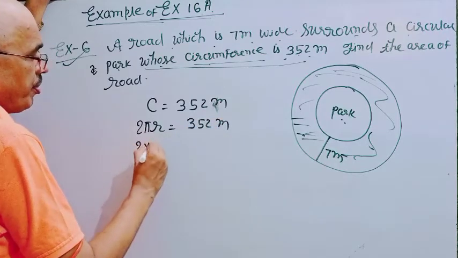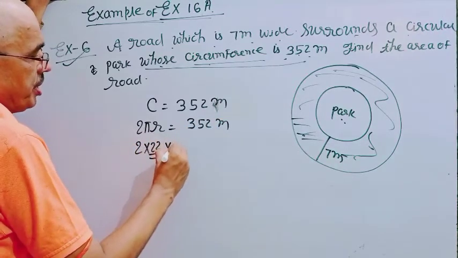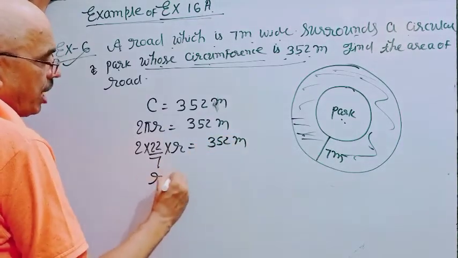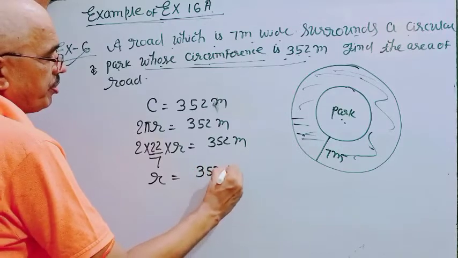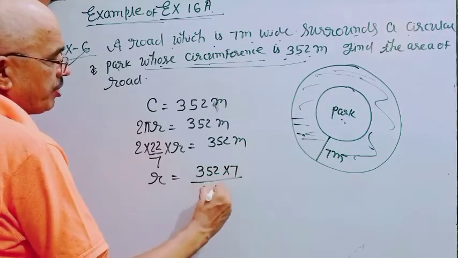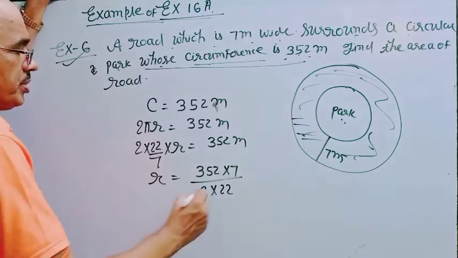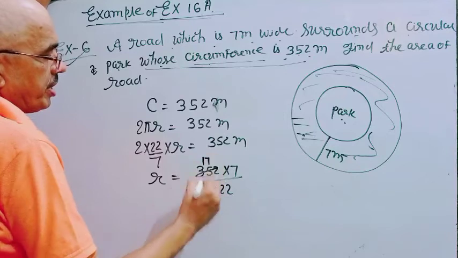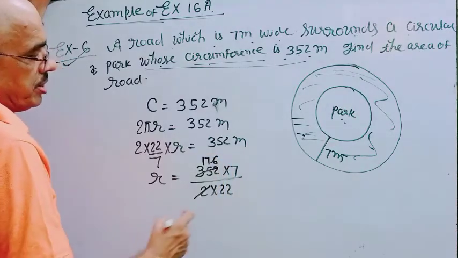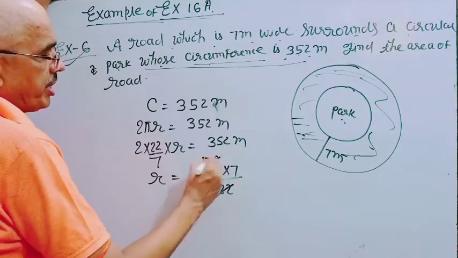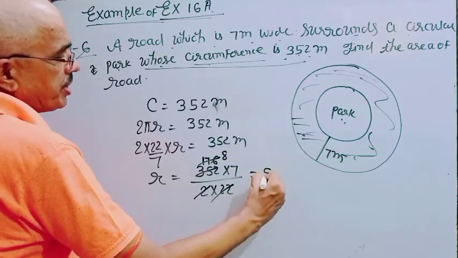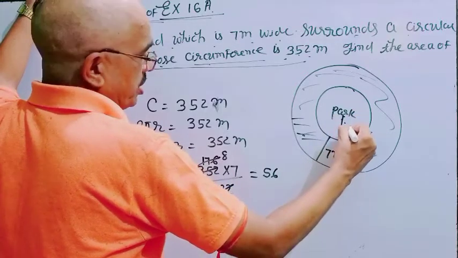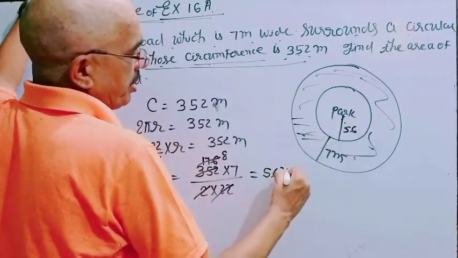Here 2 into 22 by 7 into r is equal to 352 meters. So what is r? r is 352 into 7 by 2 into 22, which gives 56. That means the radius of this park is 56 meters.